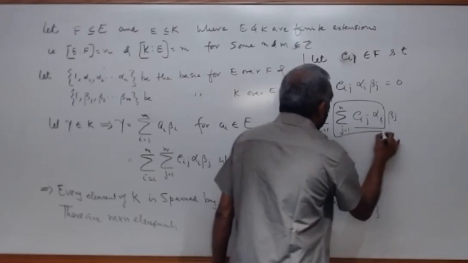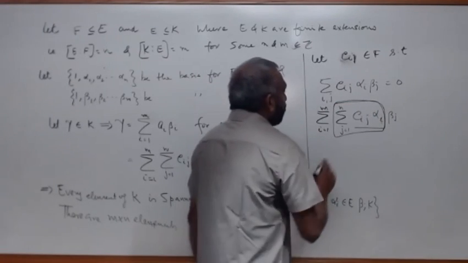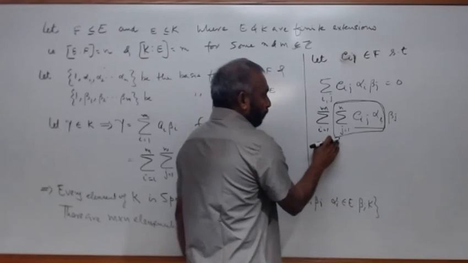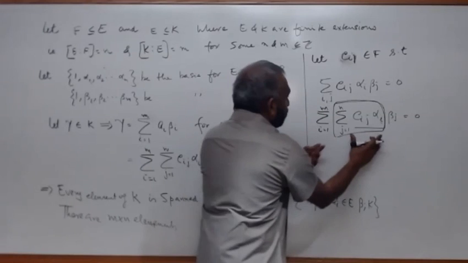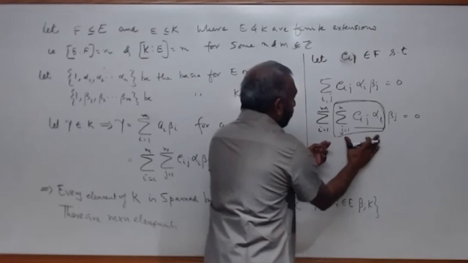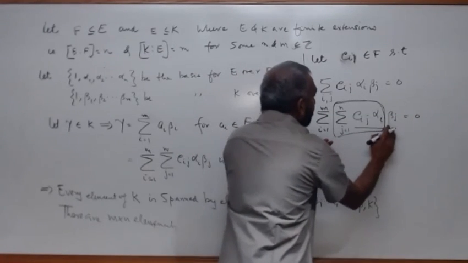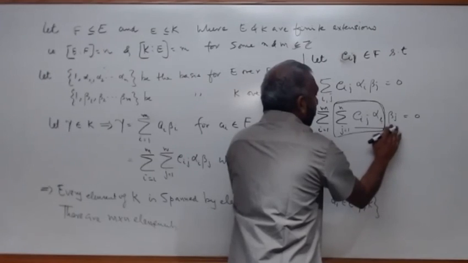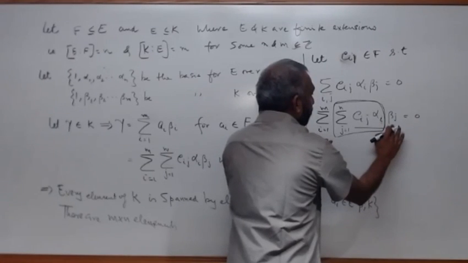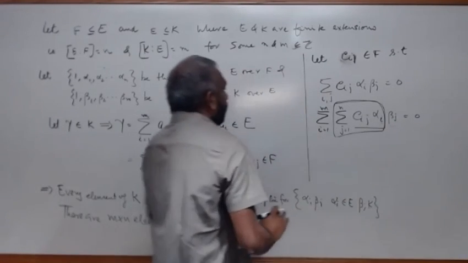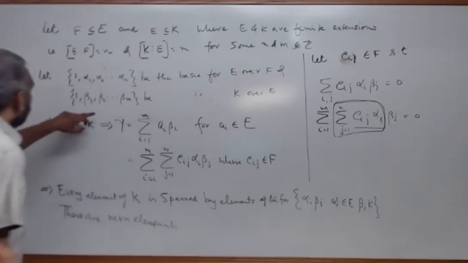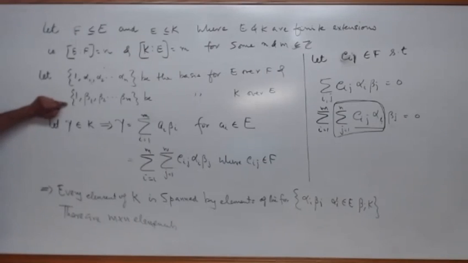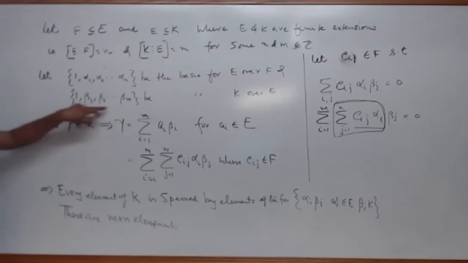This part is actually 0 because these elements are coming from this basis, and these are linearly independent.